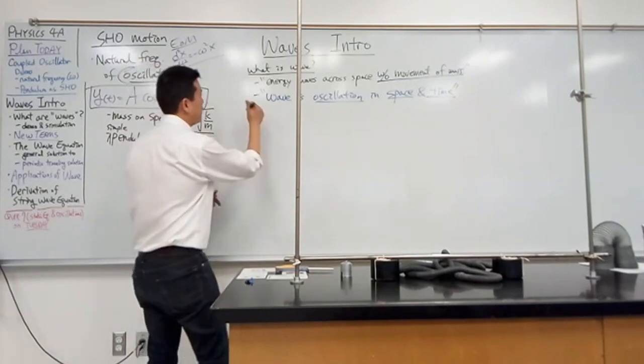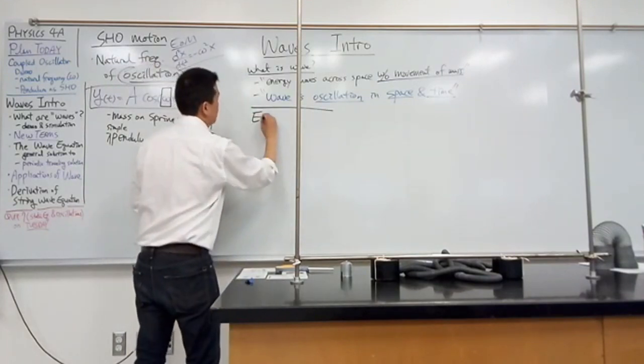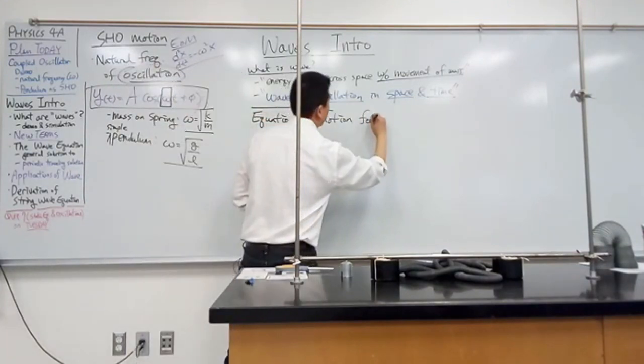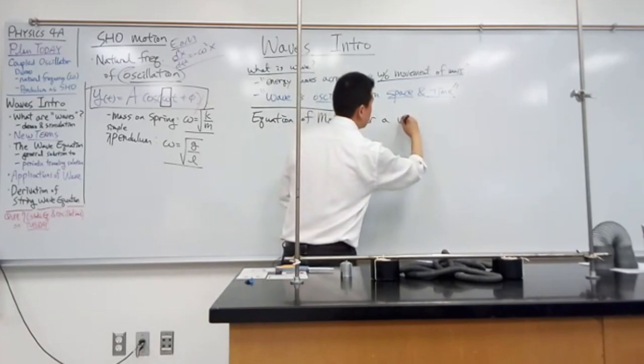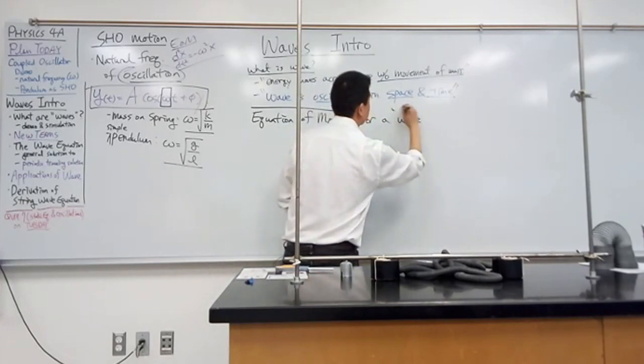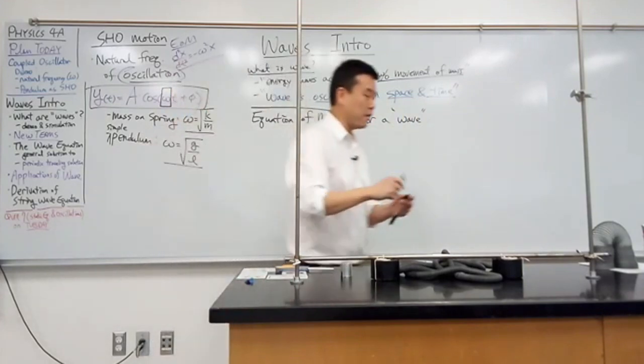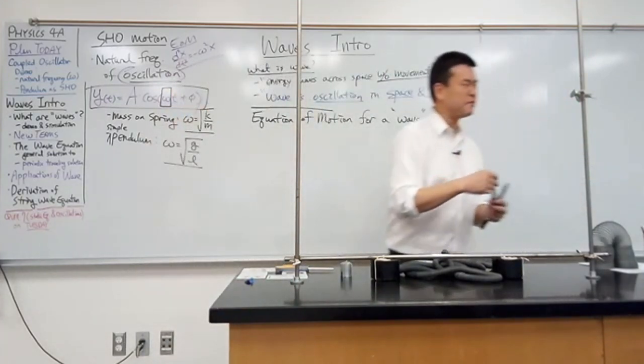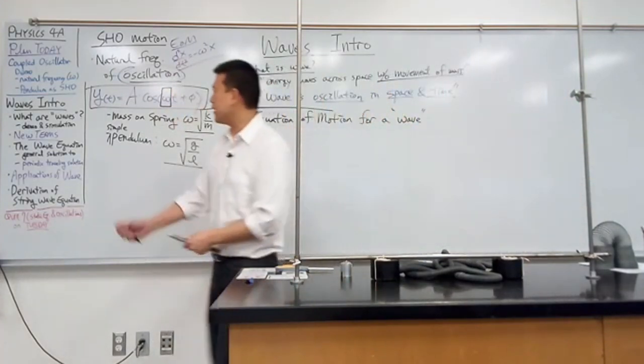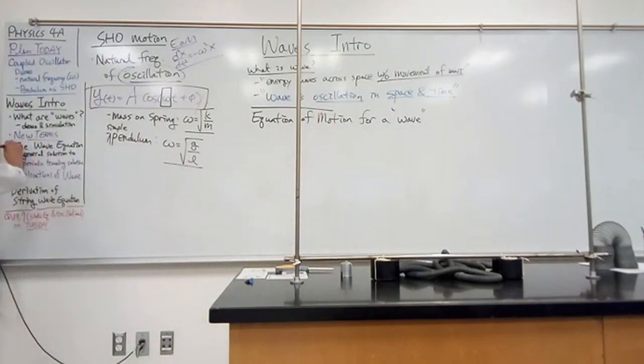So let me write down the equation of motion for something that we can call wave. Or the whole equation of motion for a wave. It's a very long phrase. No one ever really says that. We call this the wave equation.